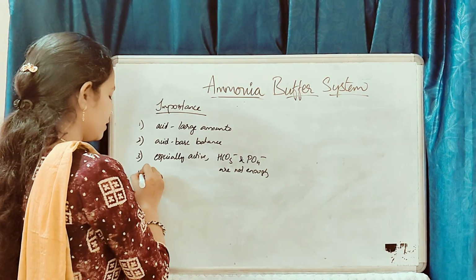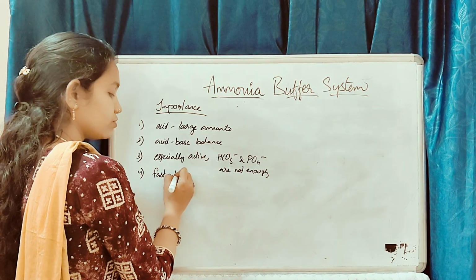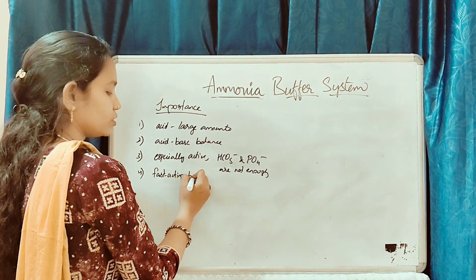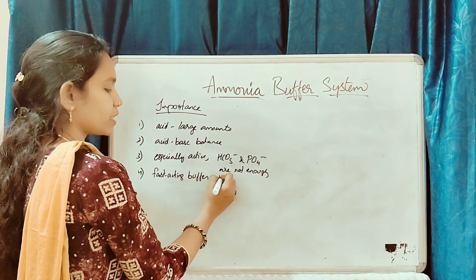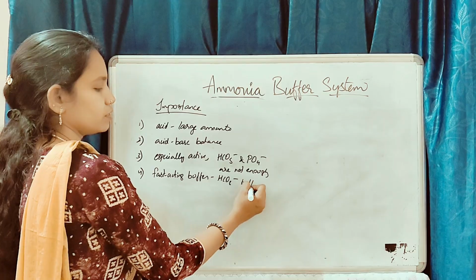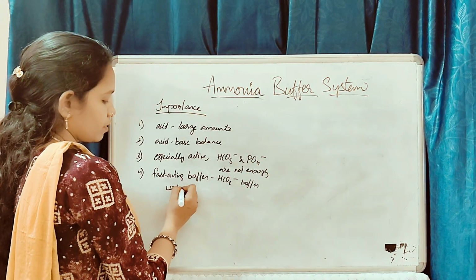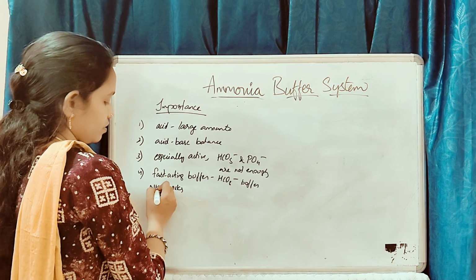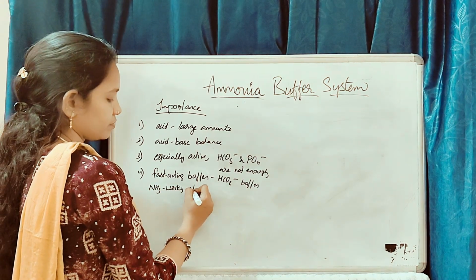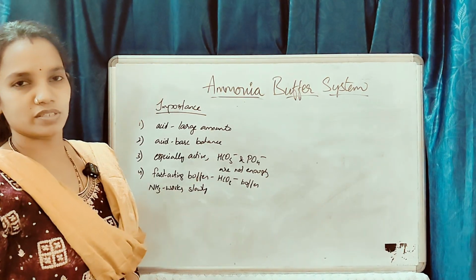And finally, unlike a fast acting buffer, what is a fast acting buffer? So here the fast acting buffer is the bicarbonate buffer. Unlike the fast acting buffer, the ammonia buffer also works slowly but very powerfully in the long term.